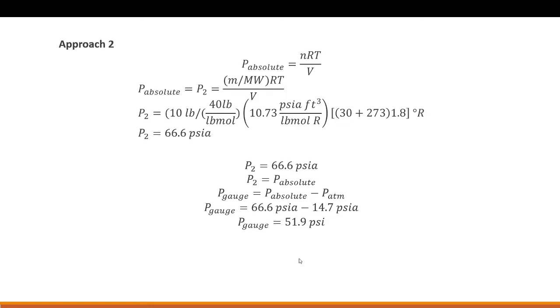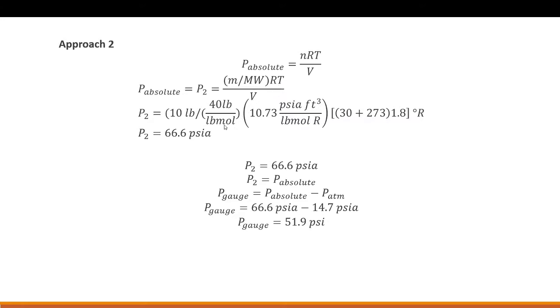Now approach 2, we use the ideal gas law formula, which is PV equals nRT, and just substitute N, the number of moles, which is the mass divided by the molar weight of CO2, multiplied by R, the temperature, and the volume.